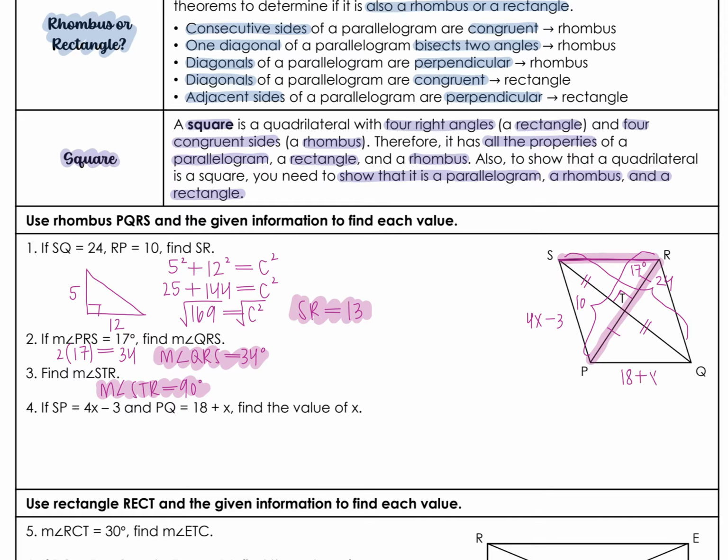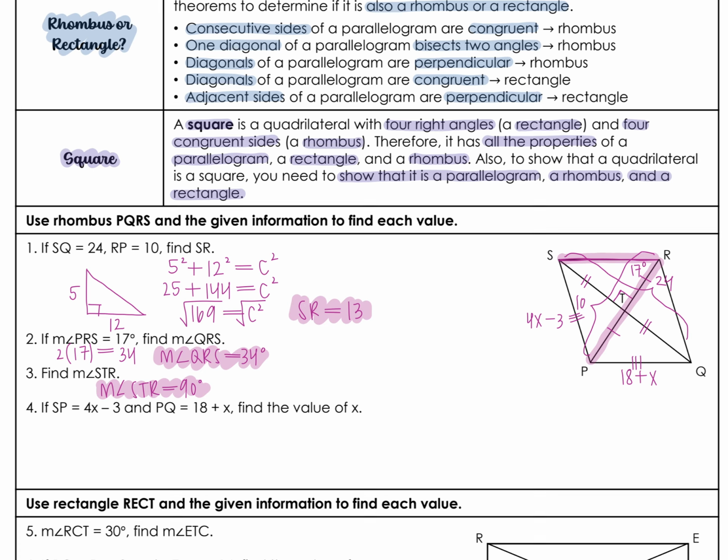We want to find the value of x. Well, remember, on a rhombus, another property is that all of my sides are going to be congruent. So those two are going to be equal to each other, and so I can use that to solve for my x.